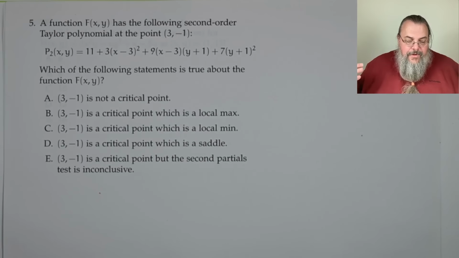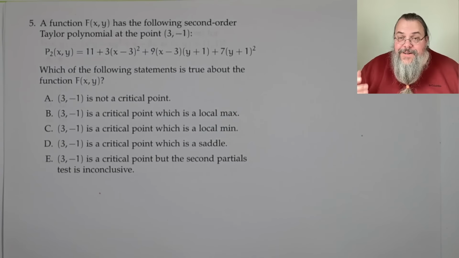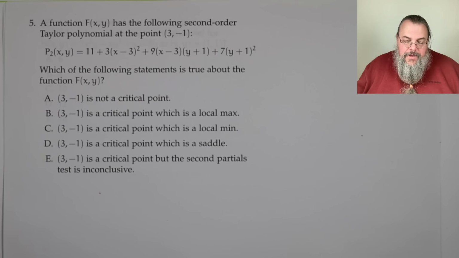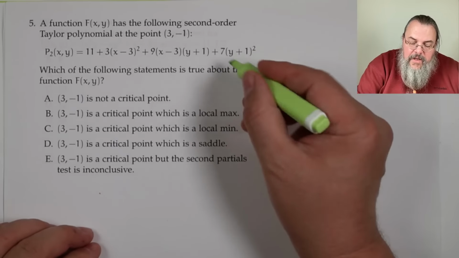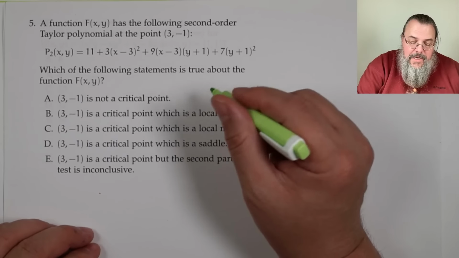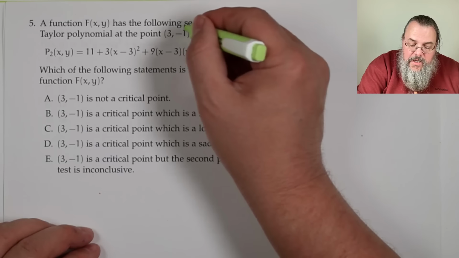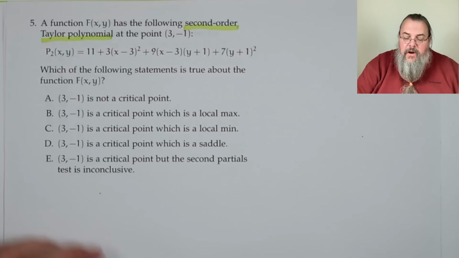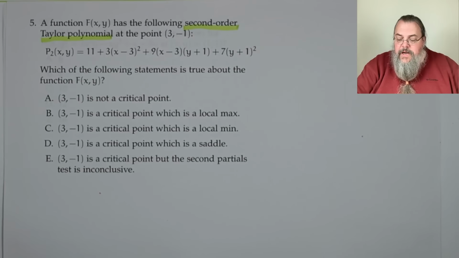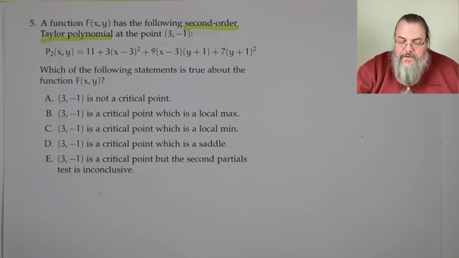All right, so what's going on? Well, the key idea is that this is storing derivatives. In particular, it's storing up through second order derivatives. So now we know everything up through second order for the derivatives.